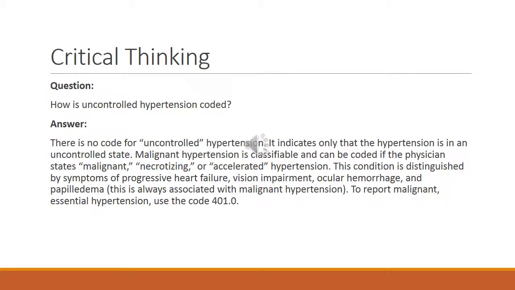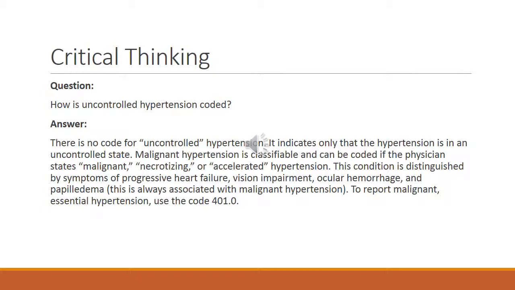Okay, our first critical thinking question: how is uncontrolled hypertension coded? And our answer: there is no code for uncontrolled hypertension. It indicates only that the hypertension is in an uncontrolled state. Malignant hypertension is classifiable and can be coded if the physician states malignant, necrotizing, or accelerated hypertension.